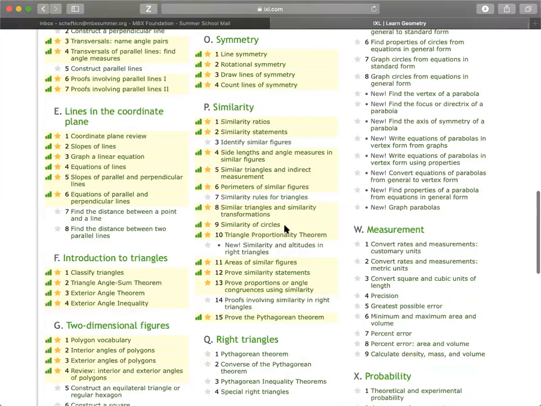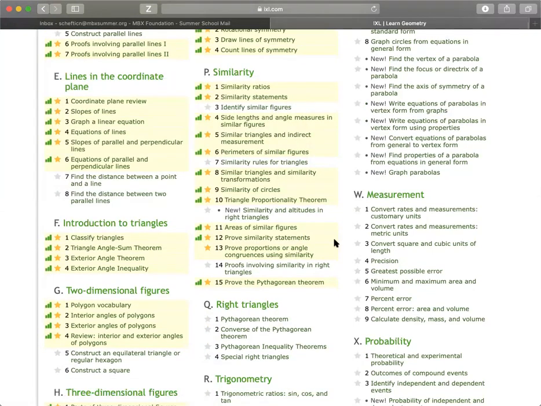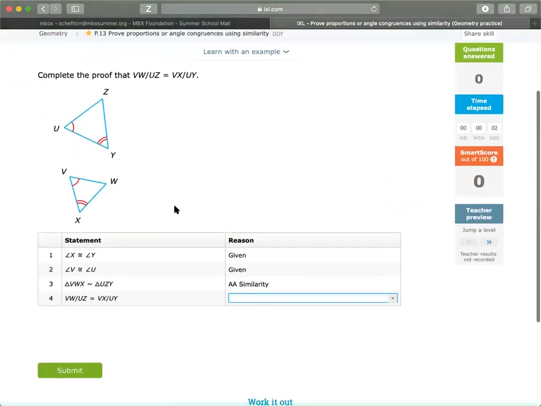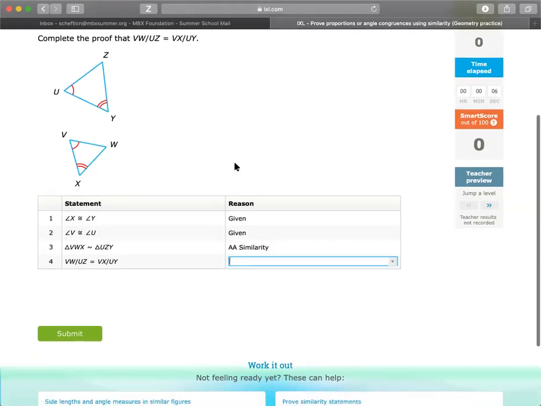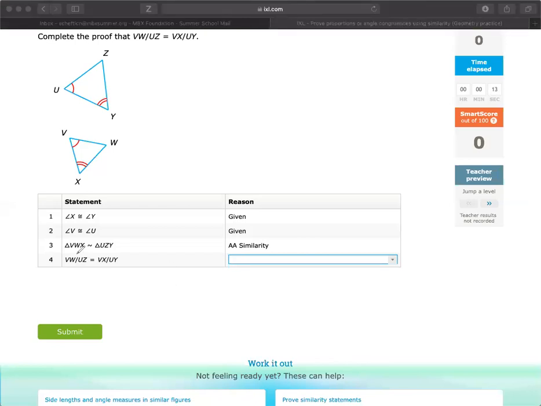All right, and then we are jumping into proving proportions or angle congruences using similarity. All right, so this is P13. The first one right here, they're showing us the different statements and the reasons. So we're coming down here. This symbol right here, really important, is the similarity. When we're looking at that, this section is either going to be AA similarity or SAS.